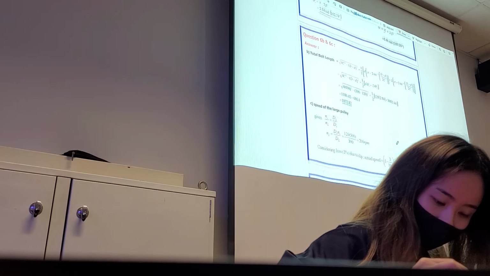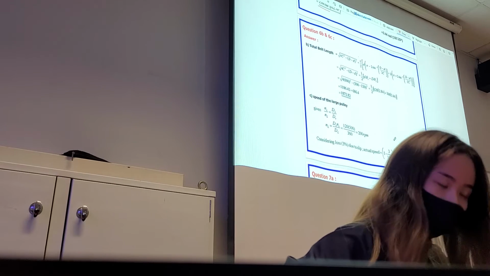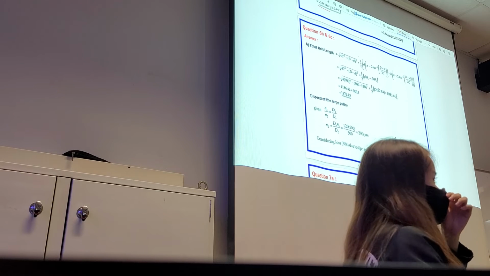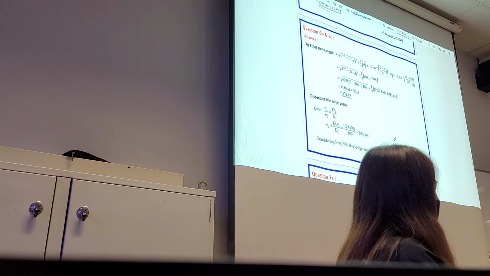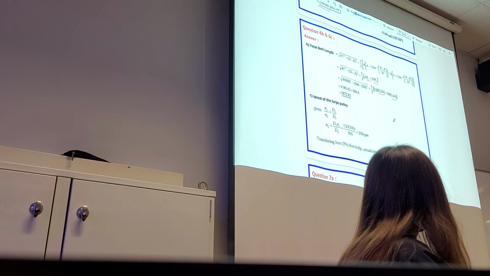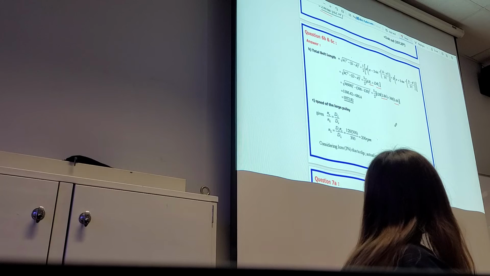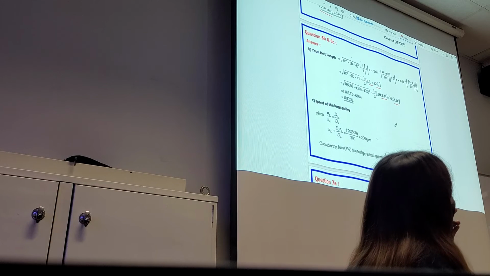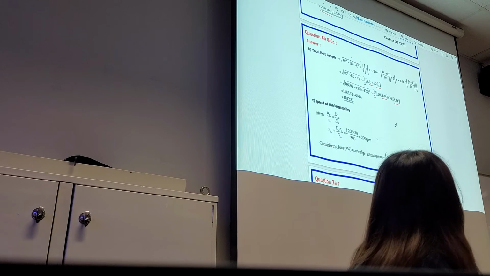After that, you need to find out the overall length of the belt using this formula. In this formula, you have to plug in the 2 angle values in radian. If you don't use radian here, the answer is wrong again.